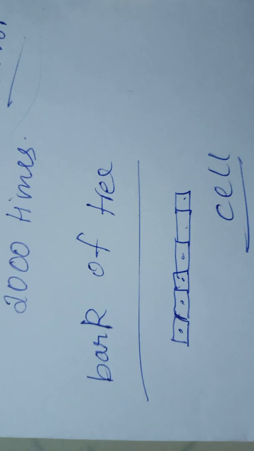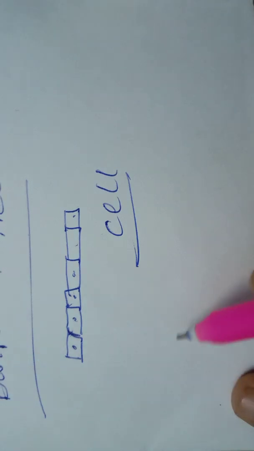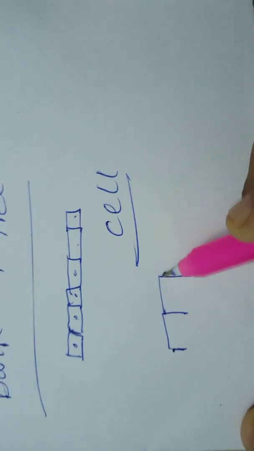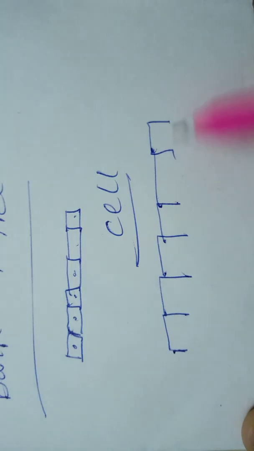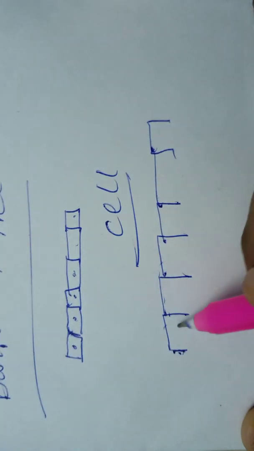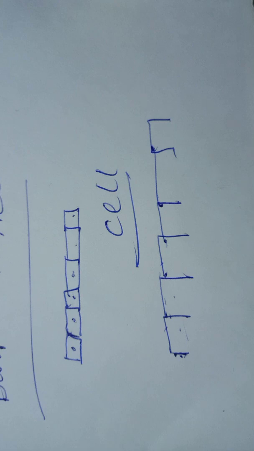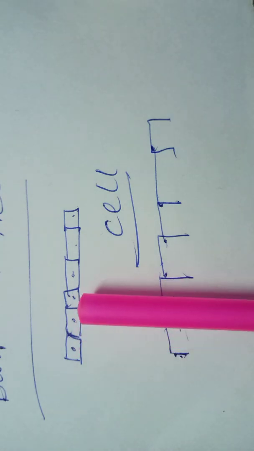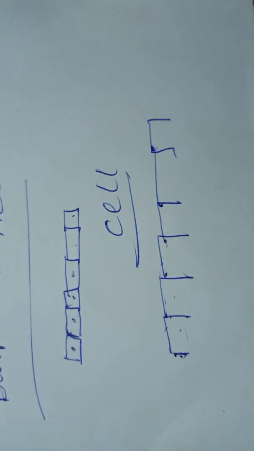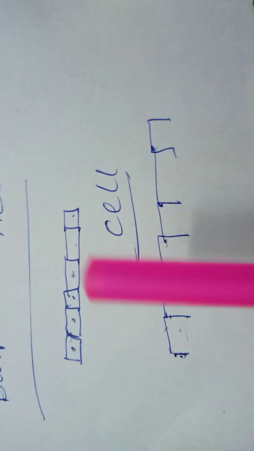The meaning of a cell is boxes or monasteries, the places where Buddhist monks lived. The Buddhist monks used to have rooms like this, with brick walls, and in this way the rooms were arranged. So the word cell, meaning compartments, struck his mind, because they looked similar to these compartments. That's why he named what he saw a cell.